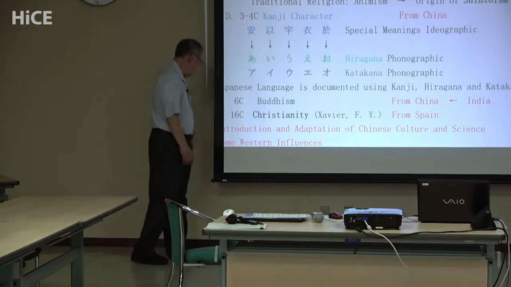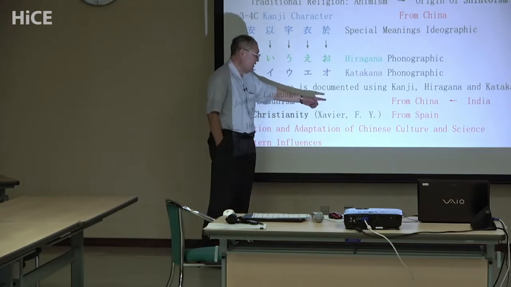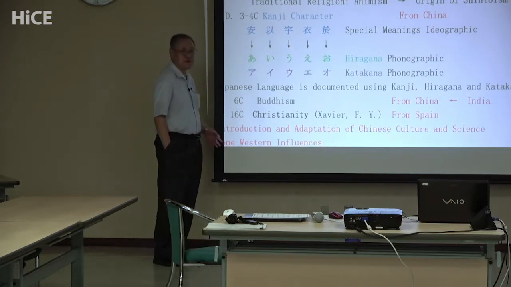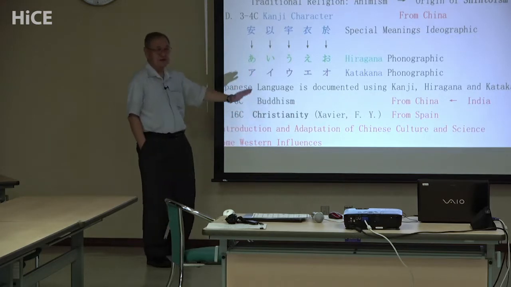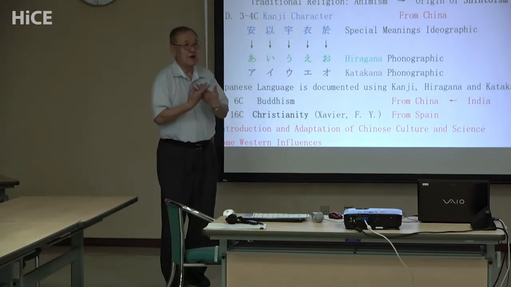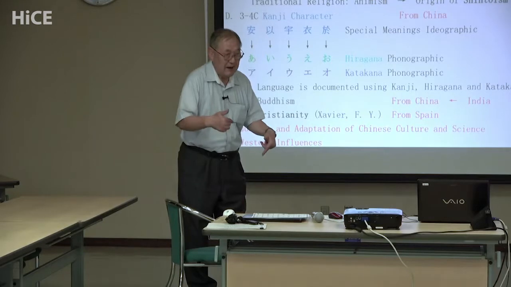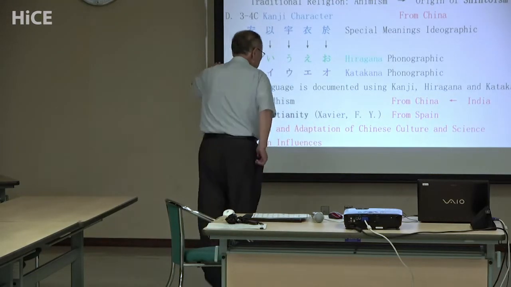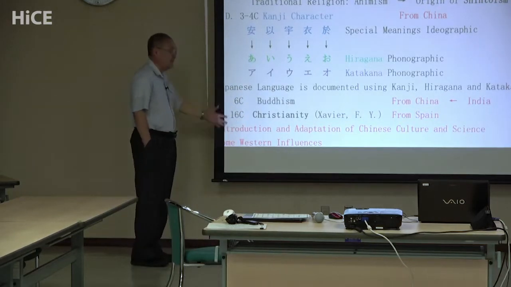And also the introduction and adaptation of Chinese culture and science, and some Western influences, especially after the Meiji era. For those 160 years, we have been introducing Western culture and science to this country. Later, I will tell you the history. And this is the brief history, the old history and culture.